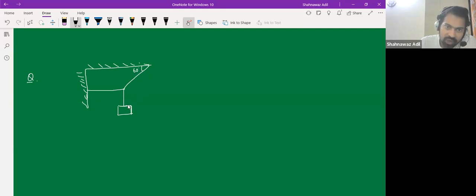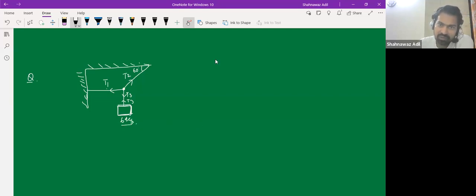Each string has some tension. The object has a mass of 6 kg.